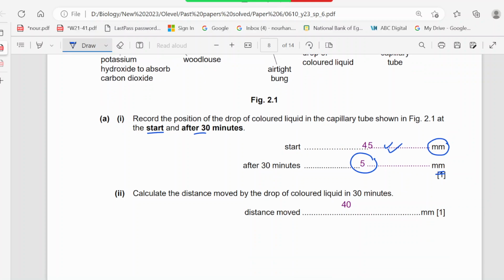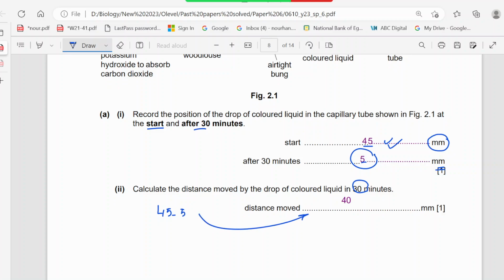This was the range. طيب calculate the distance moved by the drop in 30 minutes. اتحركت قد ايه في 30 minutes؟ You will just subtract. هي كانت عند 45 بقت عند 5، يبقى 45 minus 5 it will be 40 millimeters.